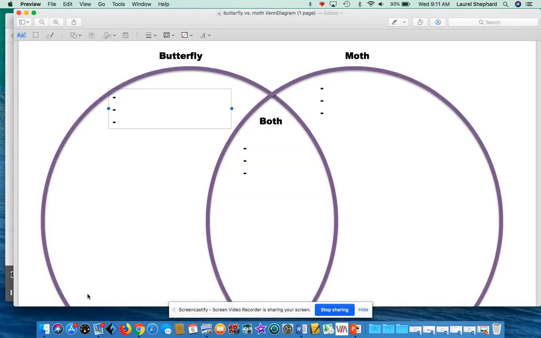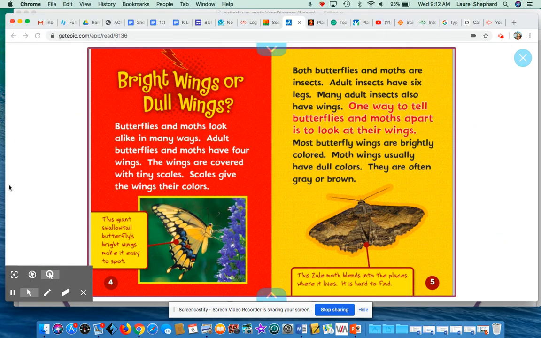So I would write in the both category, 4 wings, and tiny scales on wings. And I'm going to make my text box a little bigger so it looks a little more like it would on yours. So this is me recording what I just read and what I heard about how they are the same. They both have 4 wings. They both have tiny scales on the wings. Notice I didn't write in complete sentences. I'm just doing jot dot notes.